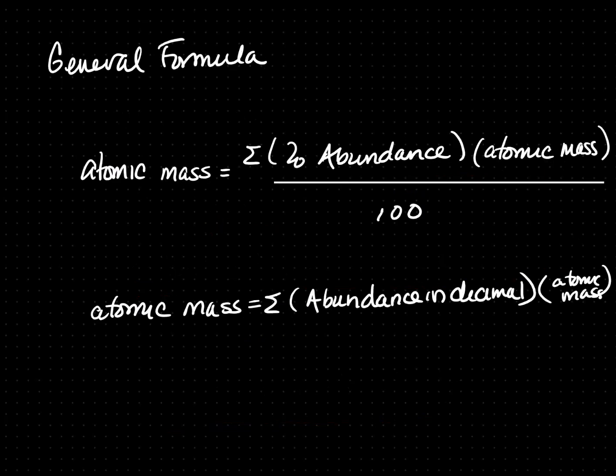The general formula to solve for atomic mass is we take the sum of the percent abundance times the atomic mass over 100. If you choose to already convert the percent into decimals, then we do not have to divide by 100. So you could either use the top equation or the bottom equation.